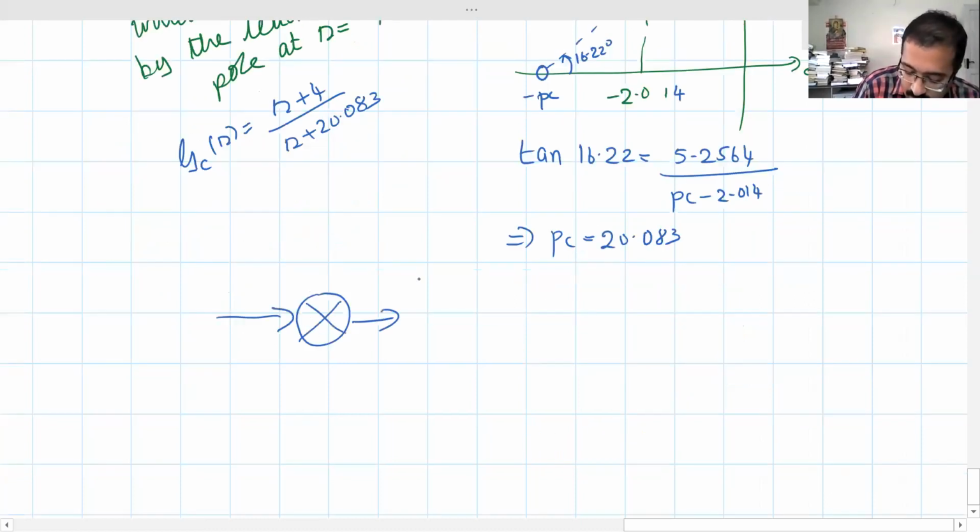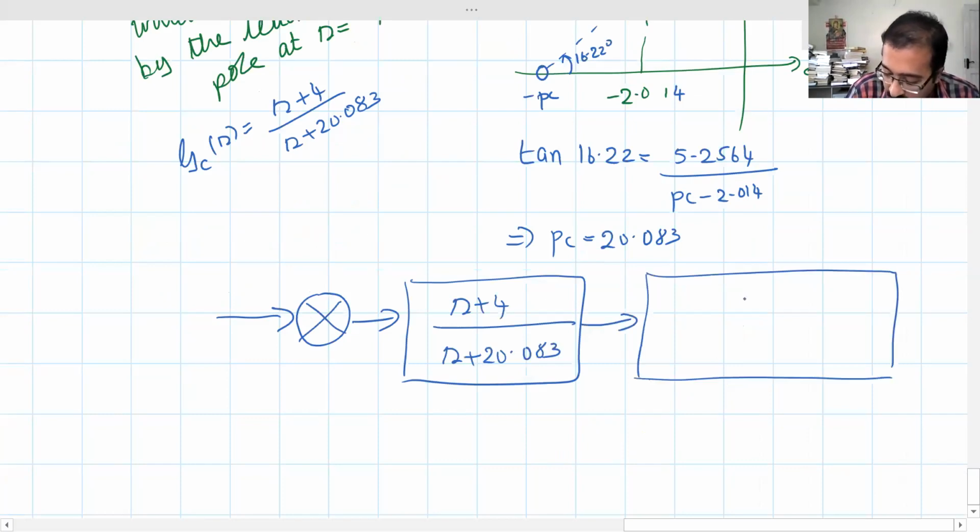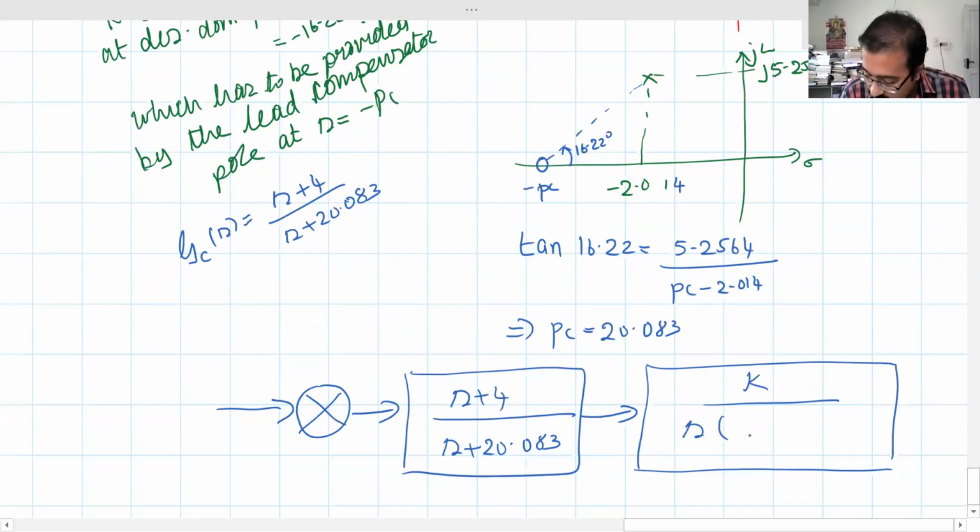So our system should be like this. This is the compensator, S plus 4 divided by S plus 20.083, and we had our plant K divided by S into S plus 4 into S plus 6, with a unity feedback.